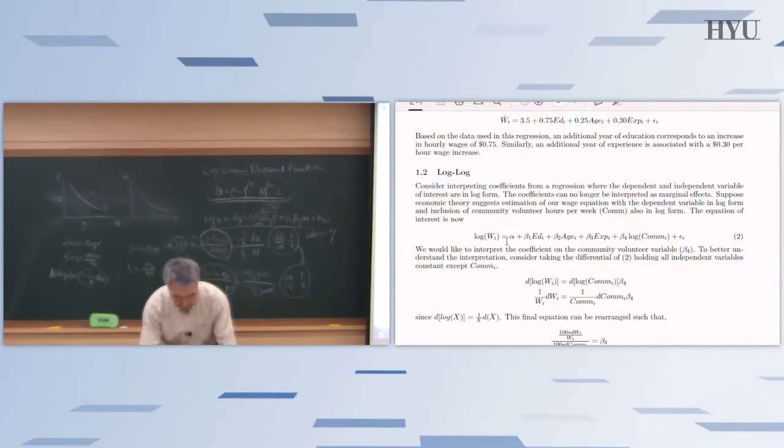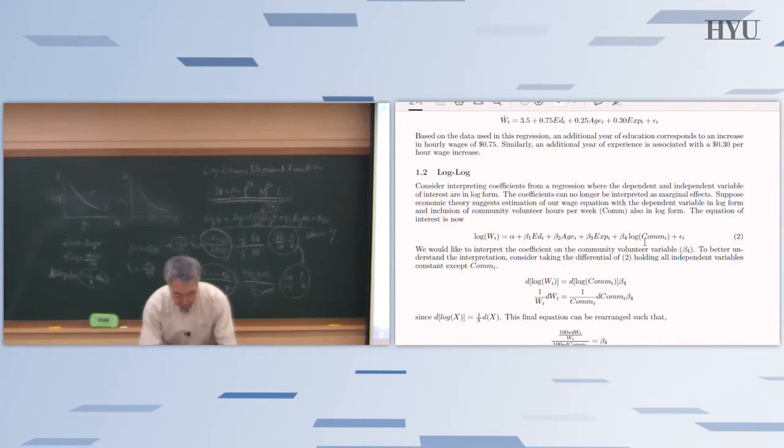And here they use the example of a wage equation. W is wage, and education. This is basically what I've been using in this class. For education, I use schooling, the number of years of schooling, age, experience, and a community volunteer variable, so they included something else.